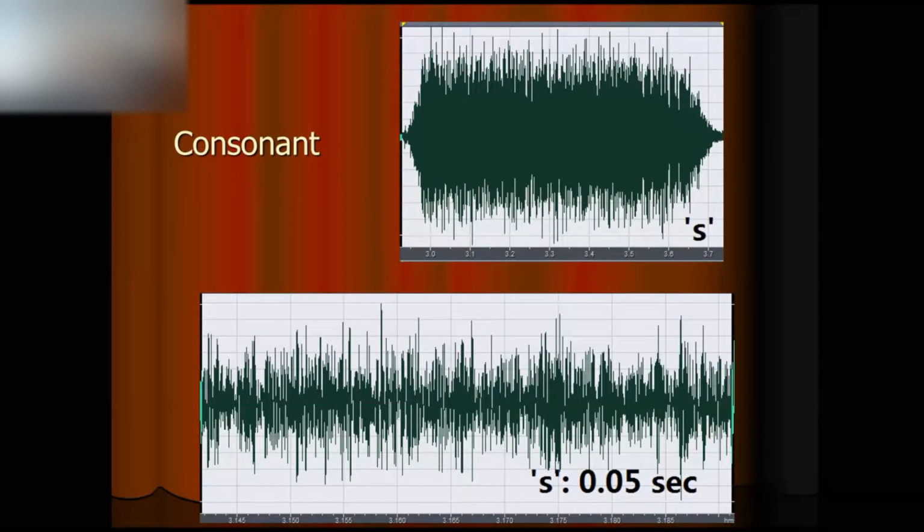For comparison, let's look at a consonant. This is a consonant, s, for 0.8 seconds.